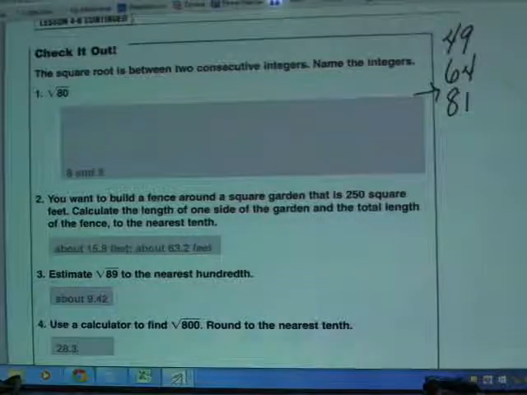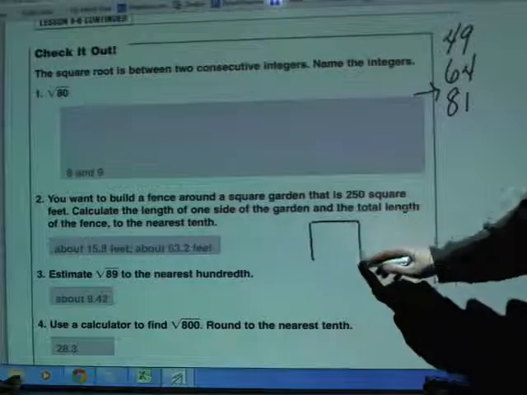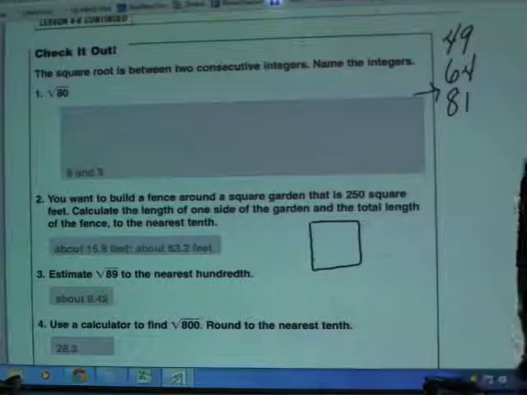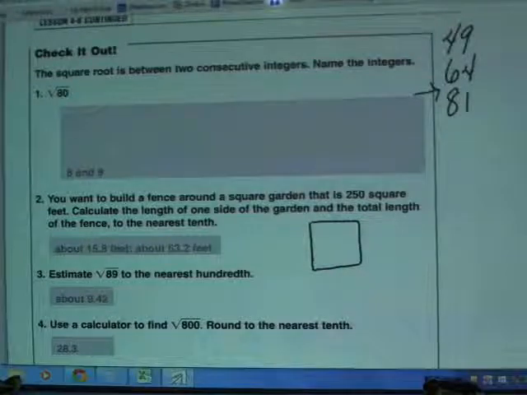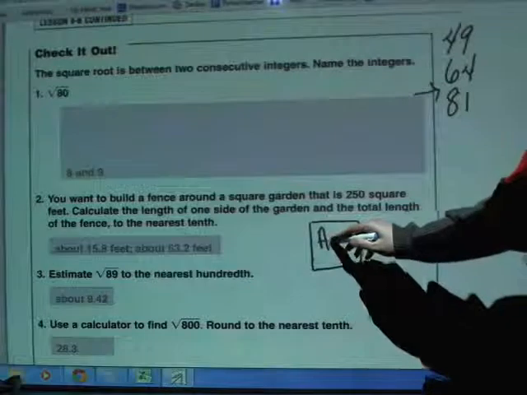Number 2, you want to build a fence around a square garden that is 250 square feet. Calculate the length of one side of the garden and the total length of the fence to the nearest tenth. So we have a square garden here. This is a lot like a question we had earlier, and we're told that the area of the garden is 250 square feet.